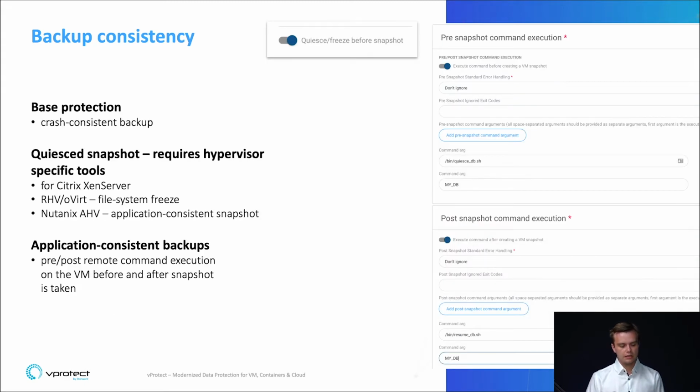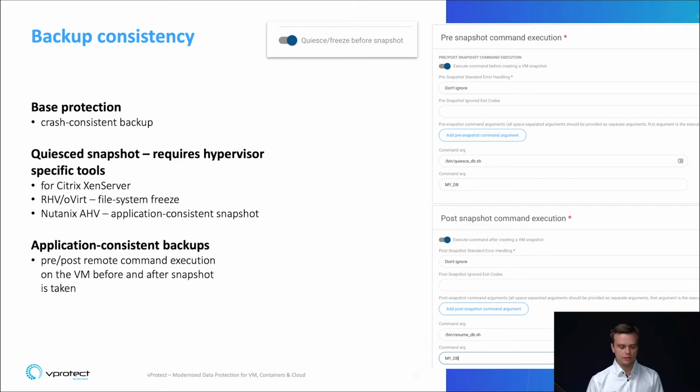Now, as far as backup consistency is concerned, in general this is a crash consistent backup. So we create a snapshot, and then this snapshot is technically not consistent on the application level. So you may find sometimes that you would like to enhance it in certain areas.